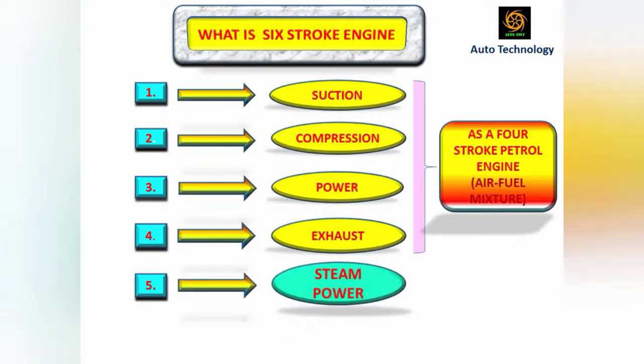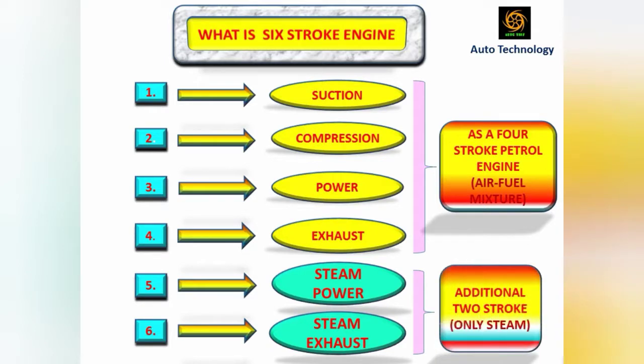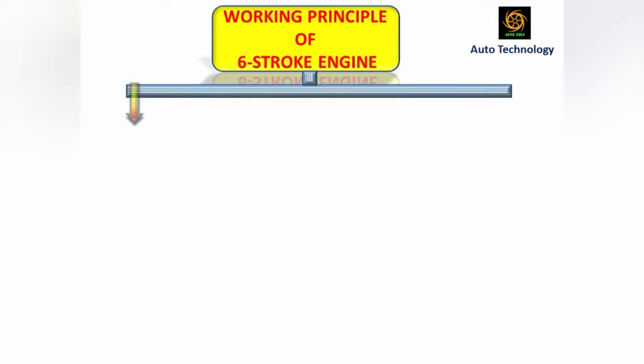The 5th is steam power and the 6th is steam exhaust. These 2 strokes are the additional strokes of the 6-stroke engine. A 6-stroke engine has 2 power strokes. One is the main power stroke due to the air fuel mixture and the other is an additional power stroke due to water vaporization.